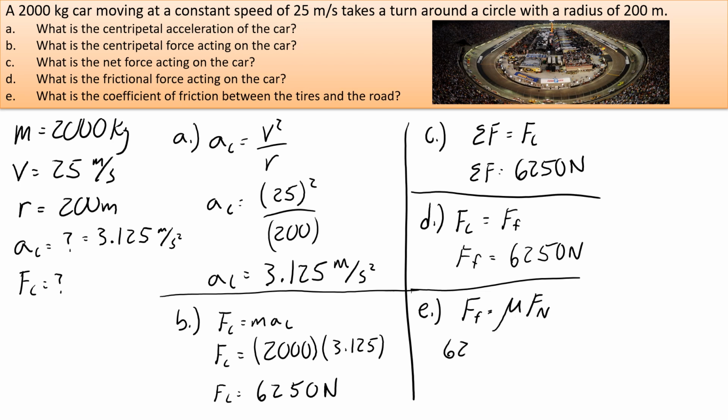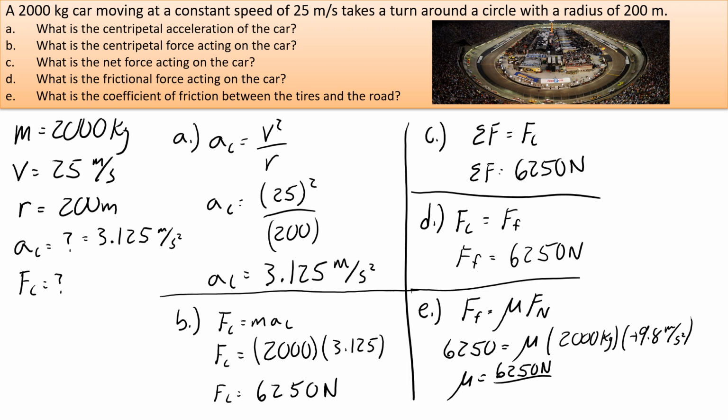And this is 6250. We're looking for the coefficient. The normal force, ooh, we don't know what the normal force is. It's 2,000 kilograms times negative 9.8 meters per second squared, or just really the magnitude is fine. So the coefficient is equal to that 6250 newtons divided by the weight.